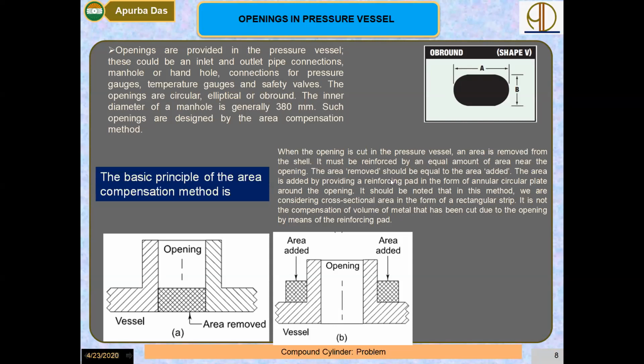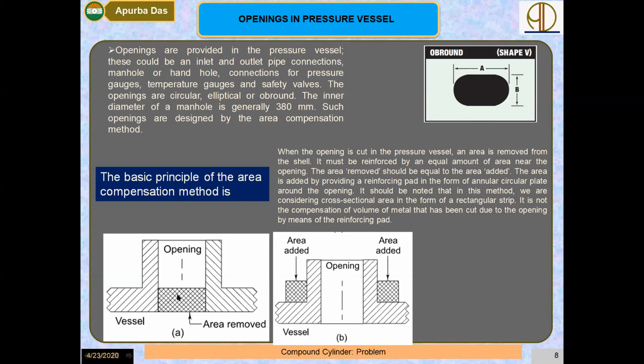So how is this opening of the pressure vessel generally designed? When the opening is cut, area is removed from the shell. Let's say before cutting this opening, this one is the total area. If we cut this area, this becomes a hole. So this much amount we have removed from the parent metal.